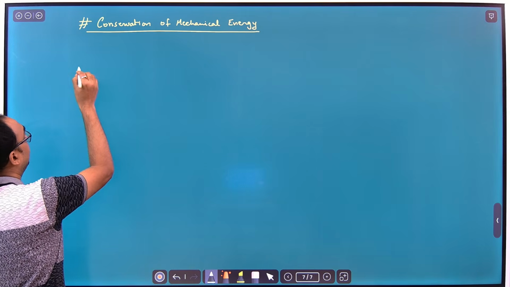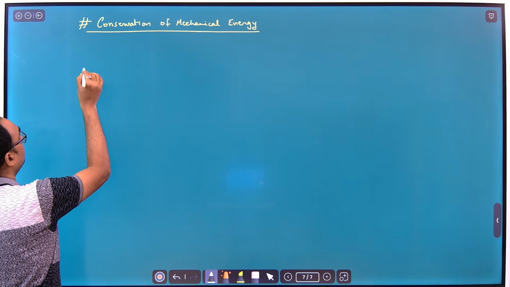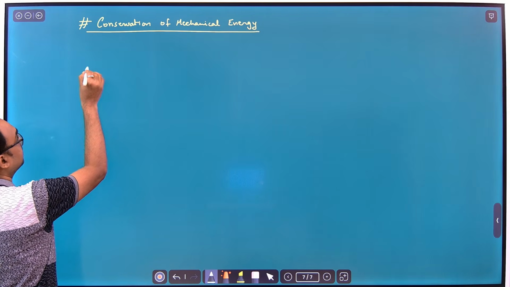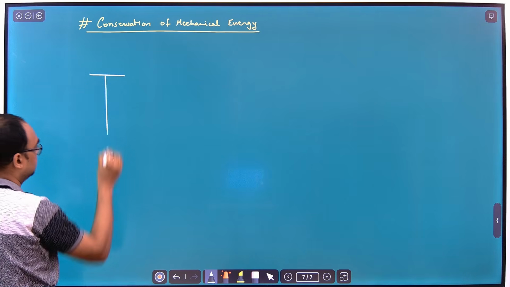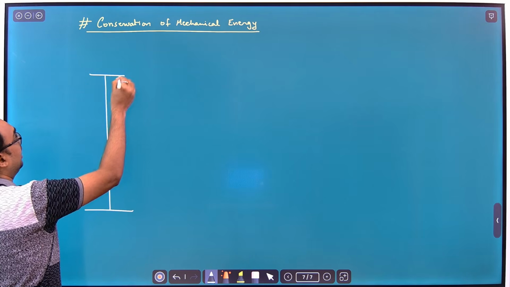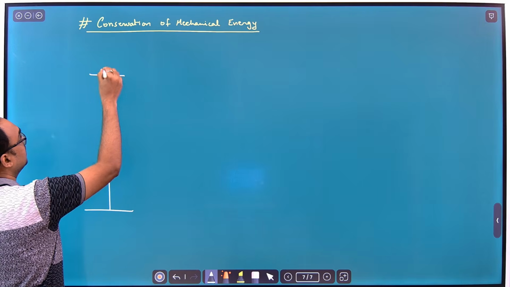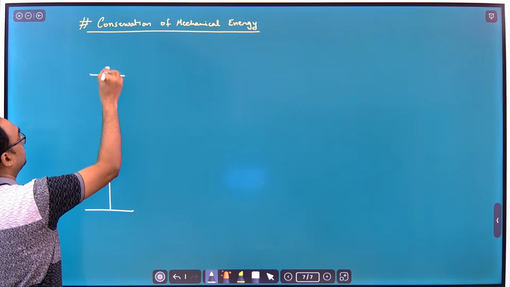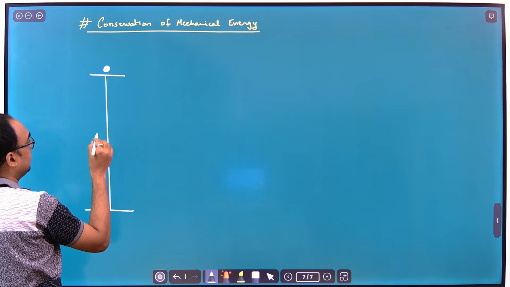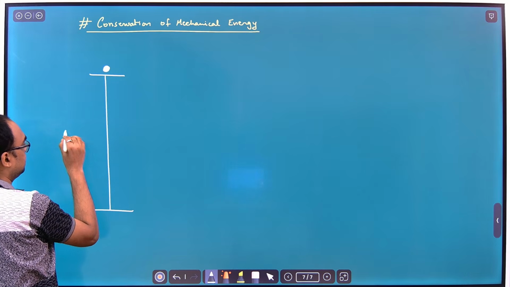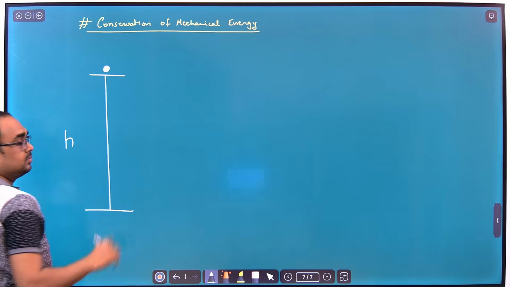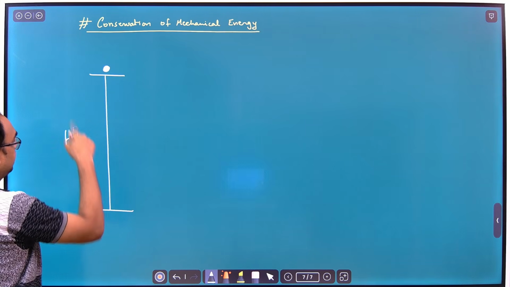Let's assume that you have an object at this height, on the top of a building. The height of the building I am taking as h, the total height.